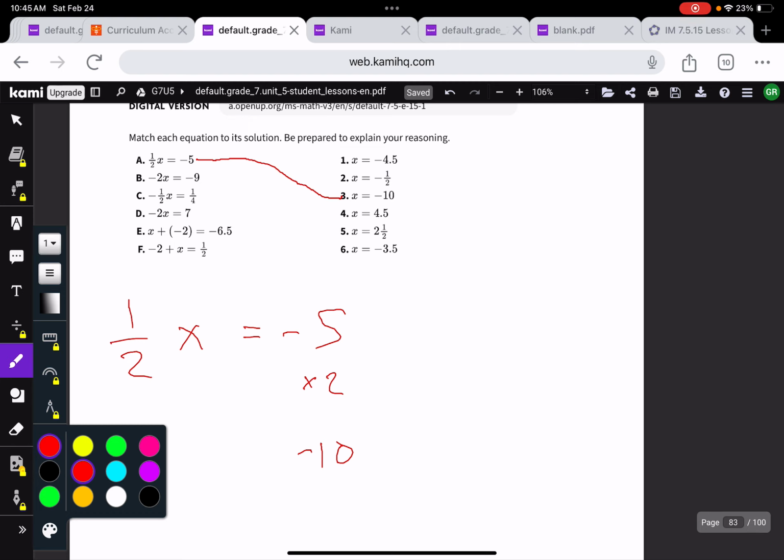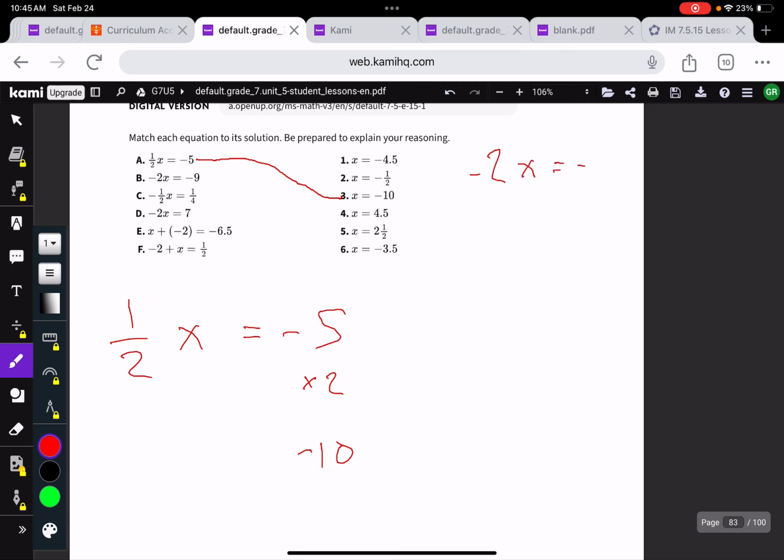So let's look at the next one. It's saying a negative 2 times something equals a negative 9. Negative 2. If I double something, I get 9. Again, I'm ignoring the negatives. I do know a negative times a positive will give me a negative. So whatever x equals, it's going to be positive.